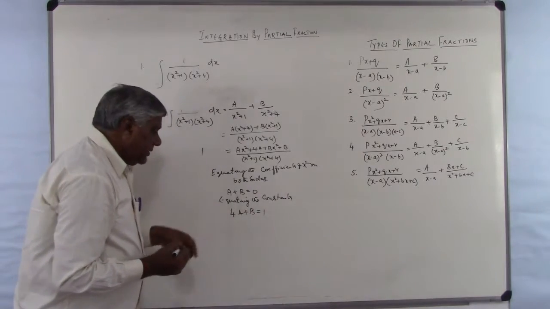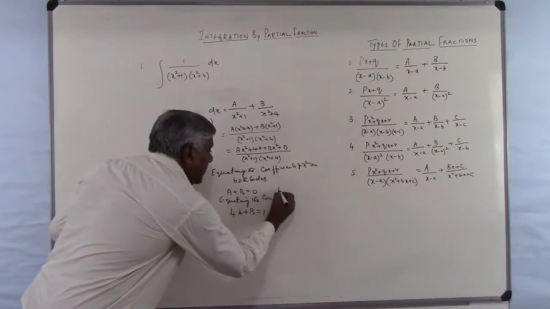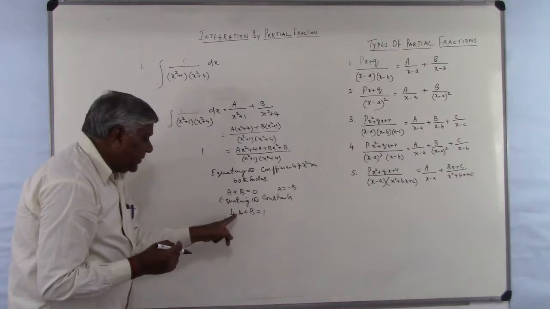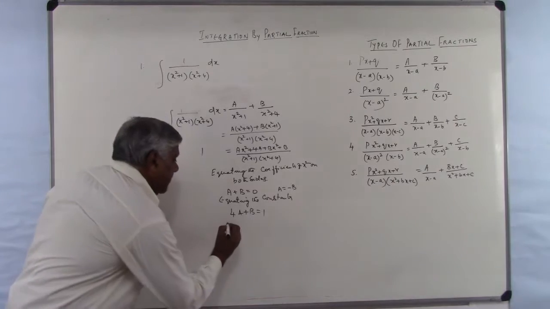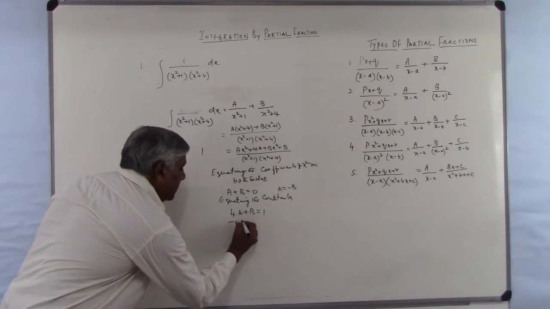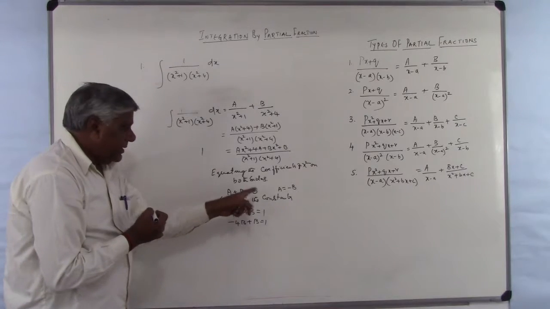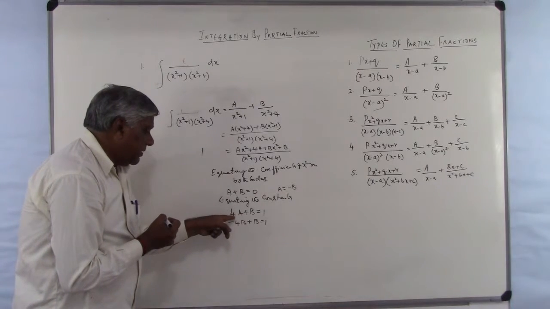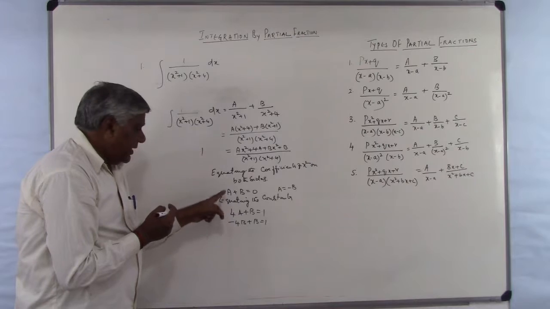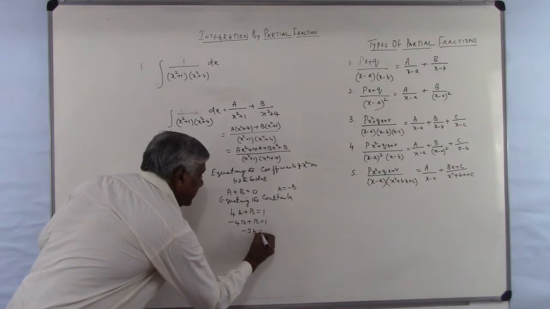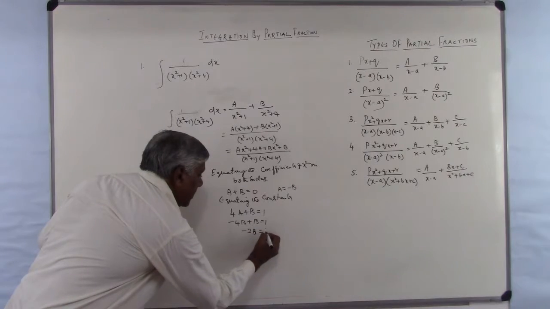Now solving, a is equal to minus b. Putting a is equal to minus b here, this becomes minus 4b plus b is equal to 1. So minus 3b is equal to 1.